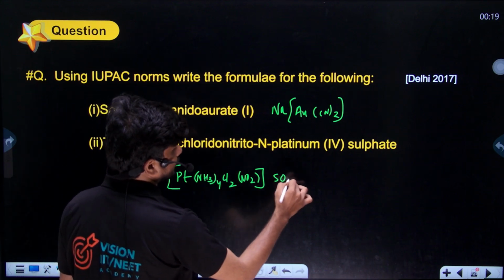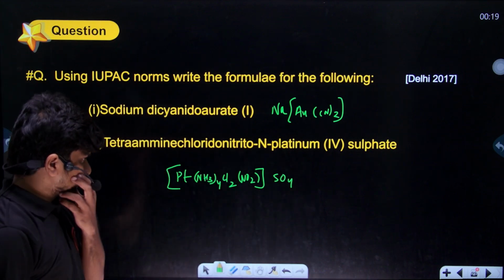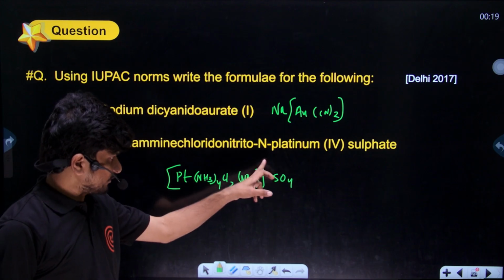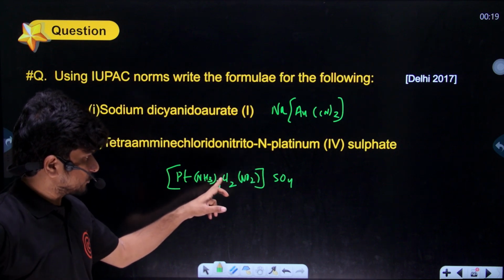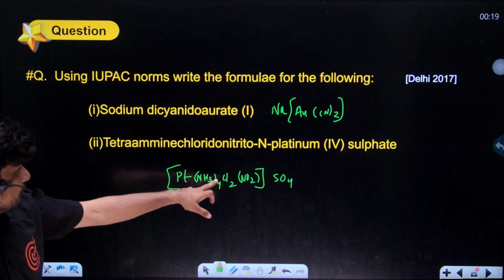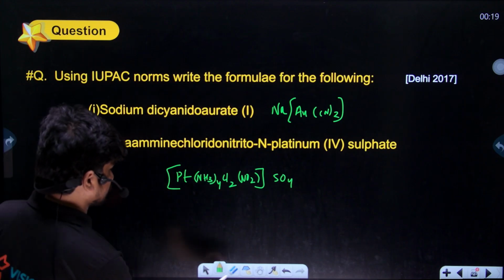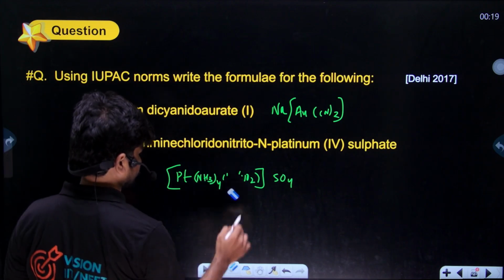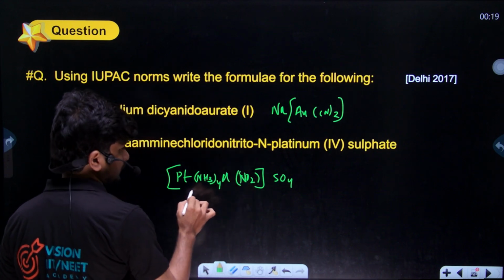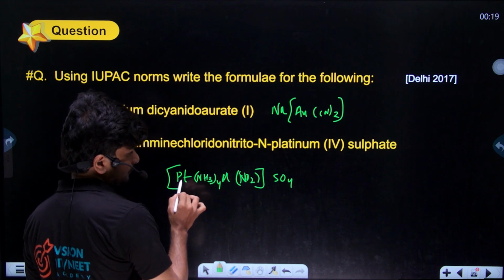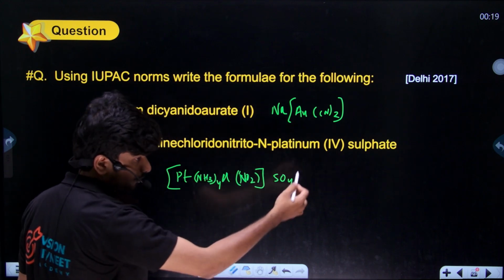So you have SO4, which is -2. So -2 means you have a charge of +2 here. Chlorido is there, it is not 2Cl. So it is Cl and nitrito, Cl minus charge, so +2 and +2, overall +4.